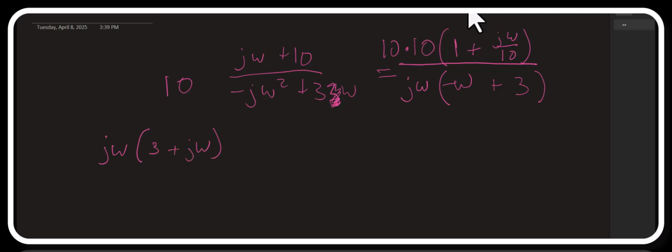So that would have originally been minus j omega squared plus 3j omega. Right. So that is okay. So why am I getting confused?